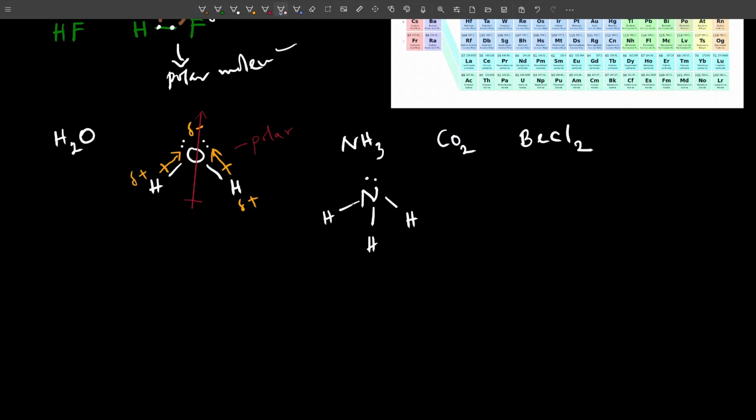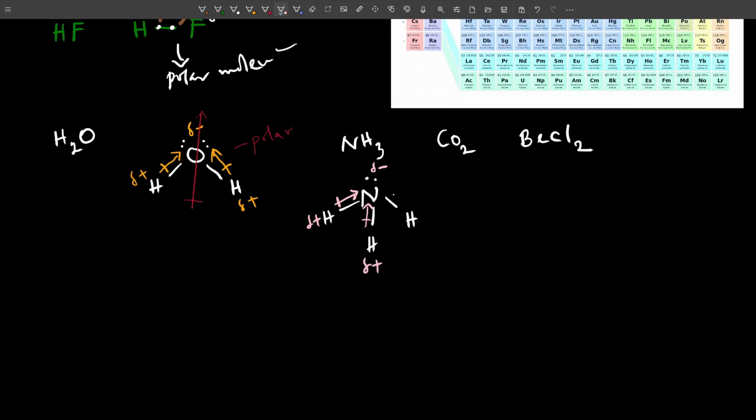So it's more electronegative than hydrogen. And the electrons here, how do they move? They move towards nitrogen, or towards hydrogen? They'll move in this direction with a dipole moment, towards nitrogen, giving nitrogen a partially negative charge and hydrogen a partially positive charge. Do you understand that? Similarly, the electrons here will also move in this direction towards nitrogen, because nitrogen is more electronegative than hydrogen, giving this hydrogen a partially positive charge.